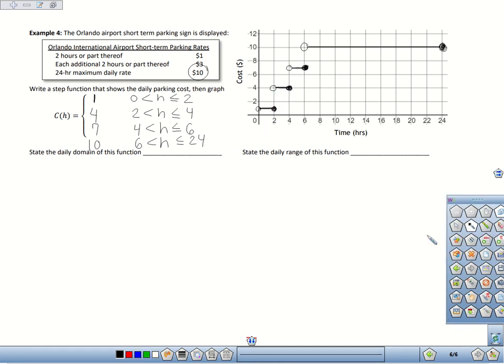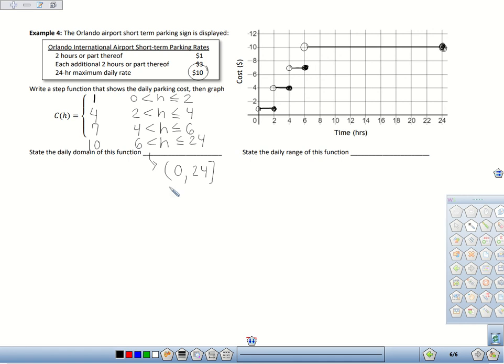But do you guys kind of get it? Okay, so let's talk about the domain. So the domain deals with the time. So what's the minimum amount of time you can park somewhere? Anything greater than 0. Yeah, so anything from 0 up to 24 hours.